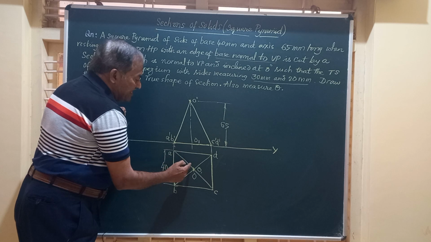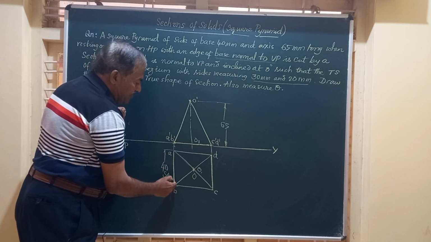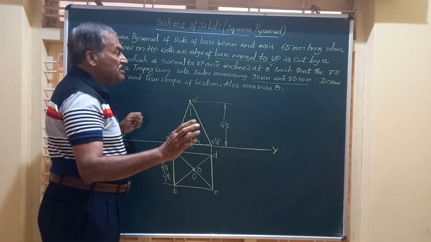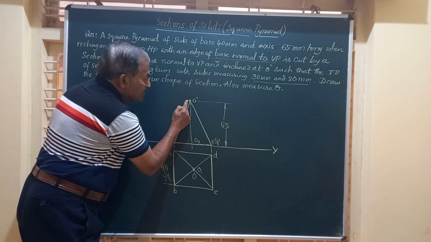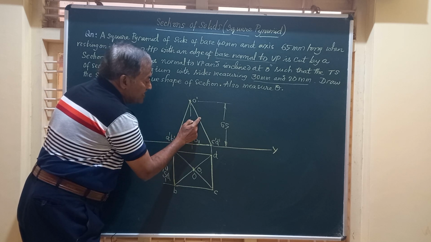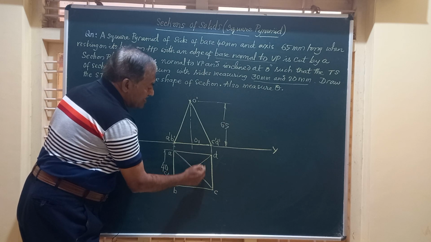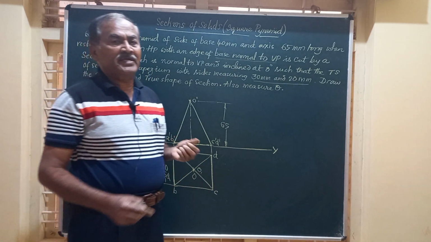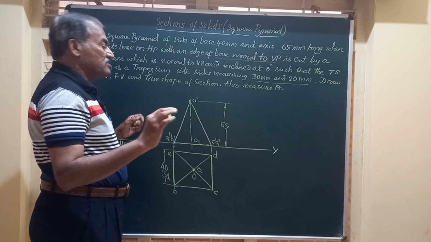So here it has to cut two slant edges OA and OB, and the dimension should be equal to 30. And since it is inclined, the cutting point will be somewhere here, a little above this, so that the dimension here will become 20.